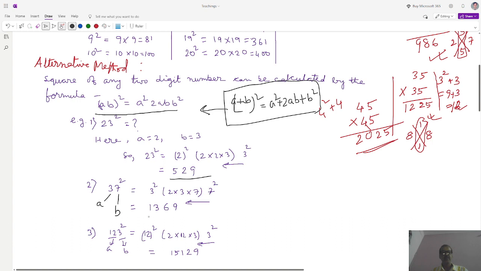Put 9 here, carrying 4. 2 into 3, 6, into 7 is 42, plus carry 4, that is 46. Put 6, again carry 4. Then 3 square equals 9 plus carry 4 equals 13. So 37 square equals 1369.